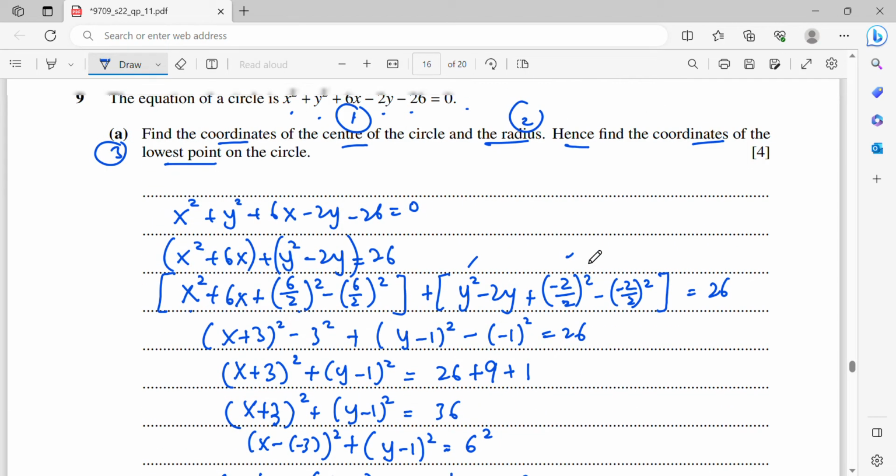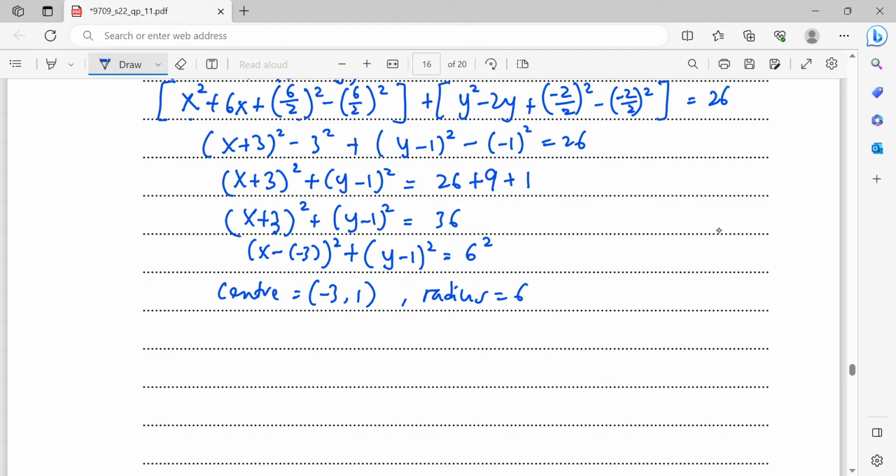Okay, so now what is the lowest point, the coordinates of the lowest point? So now look at here. Let's say this is your circle. The center here is minus 3, 1. Radius is 6. That means here is 6. Alright, so the lowest point will be with the same x coordinate, minus 3. But then your y coordinate means that you have to move down.